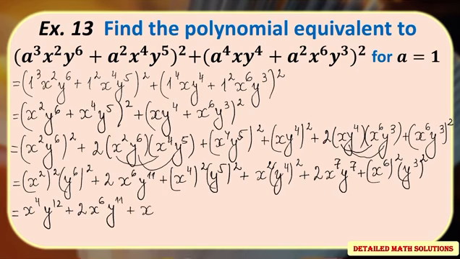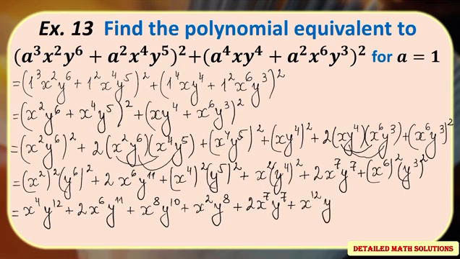Again, multiply the exponents for x. 4 times 2 is 8. x to the 8th power multiplied by y to the 10th power plus x squared y to the 8th power plus 2x to the 7th power y to the 7th power plus, again multiply the exponents for x, I get x to the 12th and y to the 6th power.